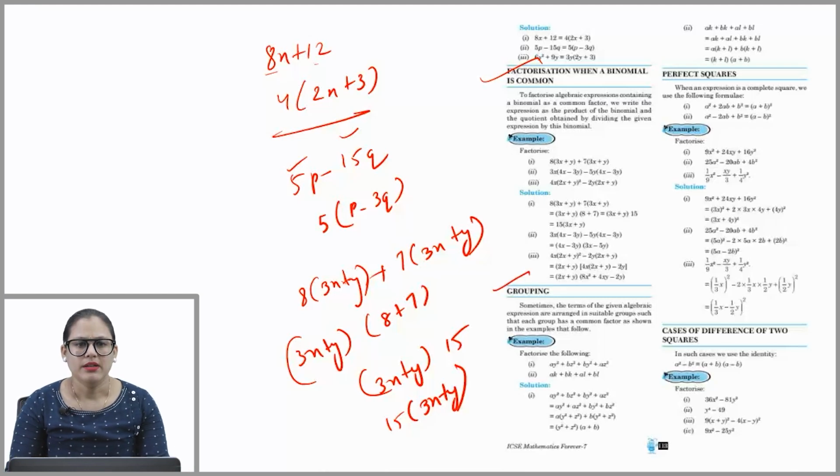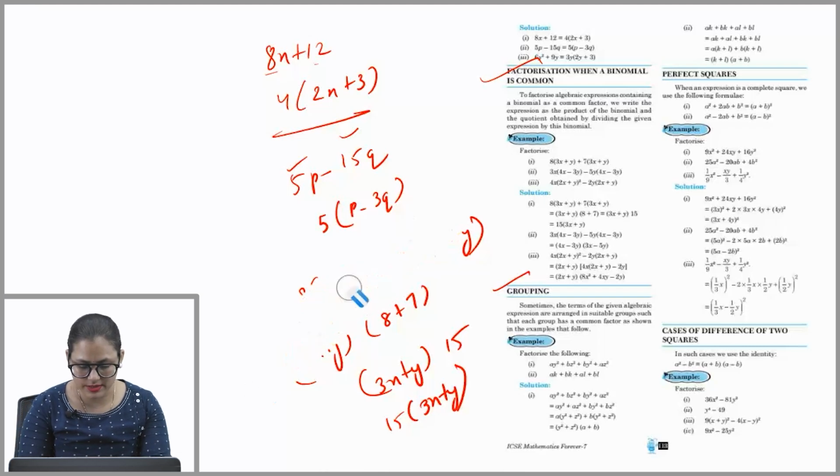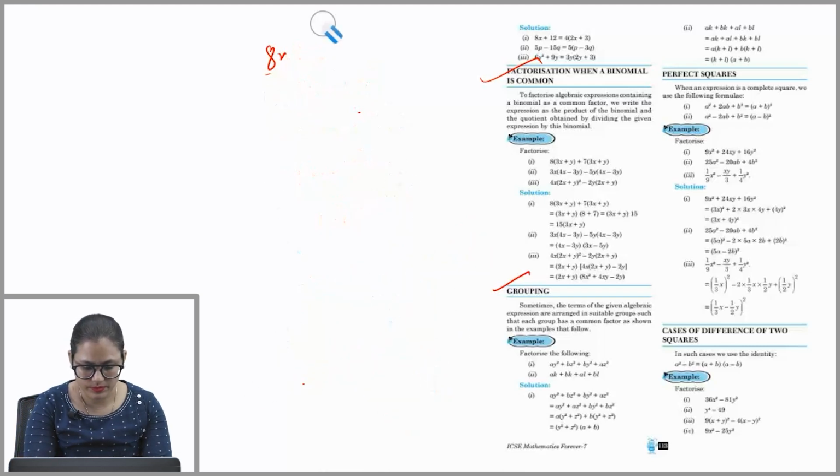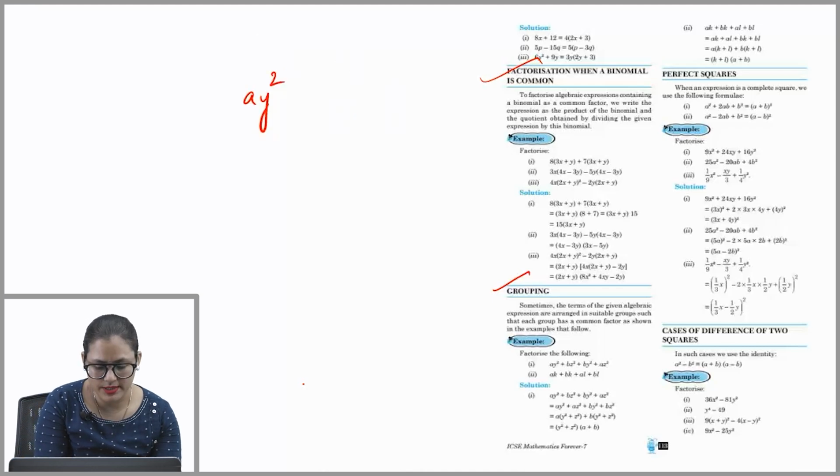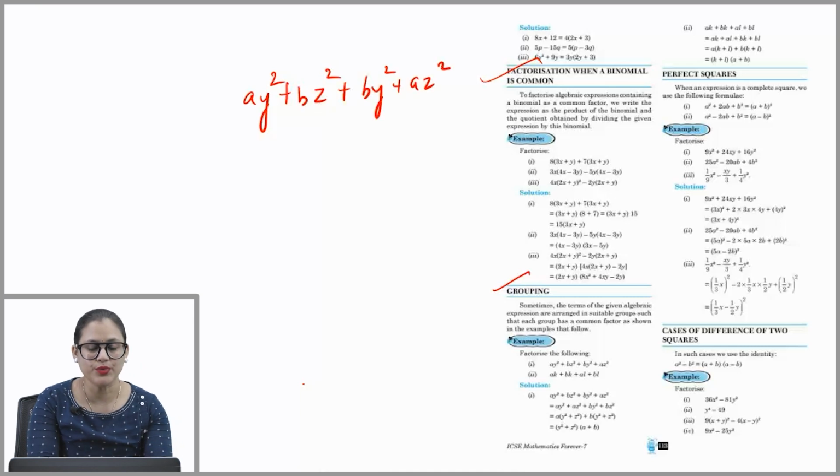Now, grouping. Sometimes the terms of the given algebraic expression are arranged in suitable groups such that each group has a common factor, as shown in the example that follows. Let's factorize this: ay square plus bz square plus by square plus az square. What will you do?